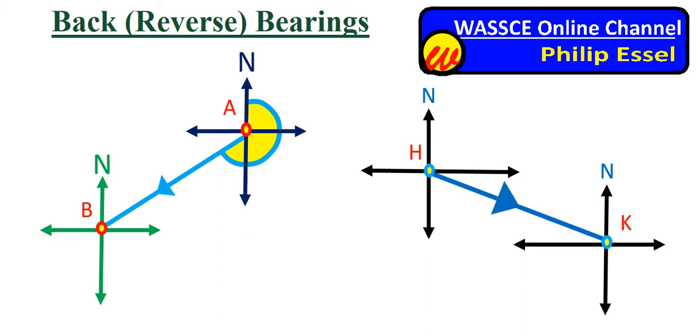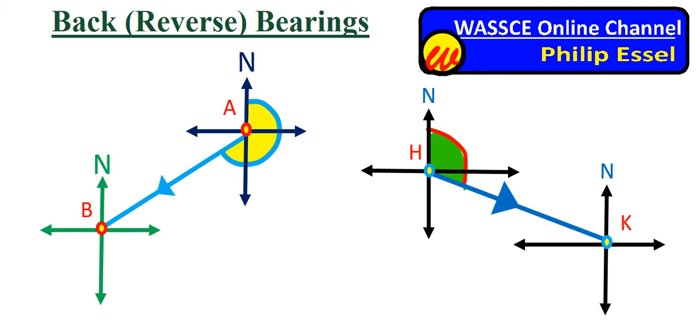Remember, in this question, we are moving from H to K. What this means is that H is our origin. So we start counting from the north pole of our origin, which is H, and we will move clockwise until we meet the blue line. This will be represented by this green angle. So the green angle is the bearing of K from H.